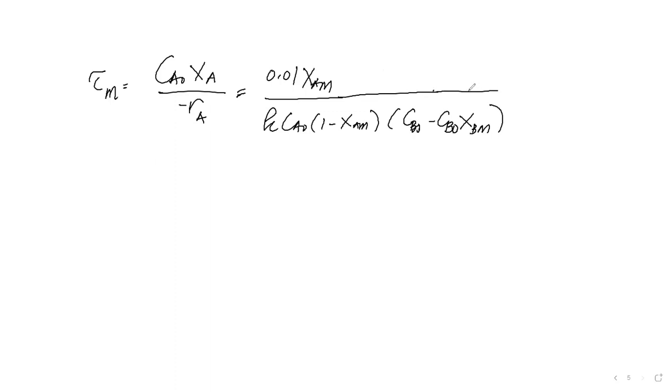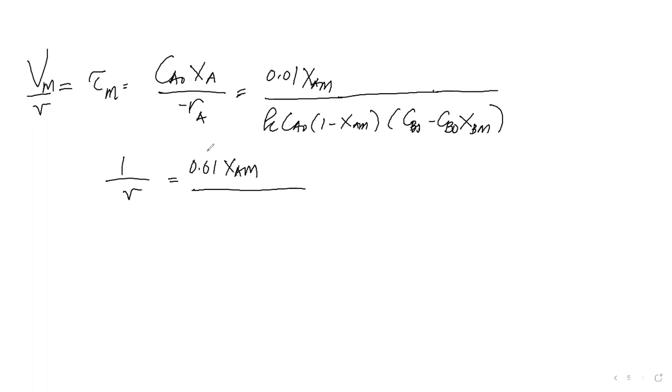Okay, now this is equal to volume over volumetric flow rate, the volume of the mixed flow reactor. So we can have 1 over V is equal to CAO 0.01 XAM.